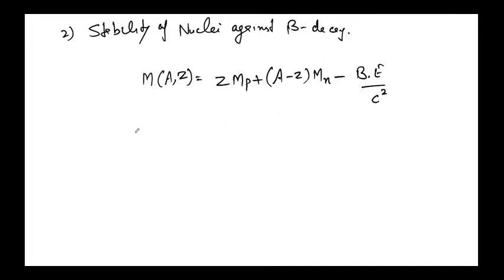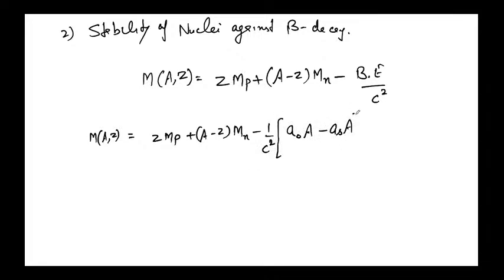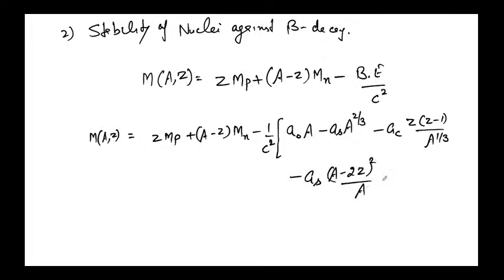So if we put in the value of this binding energy, then the mass of the nucleus comes out to be (A minus Z) times mass of neutron minus 1 over C square times: A_V A, that is the volume energy; A_S A to the power 2/3, this is the surface energy; A_C Z(Z minus 1) over A to the power 1/3, this is the term coming from the Coulomb energy; minus the asymmetry energy over A; plus or minus the pairing energy term.